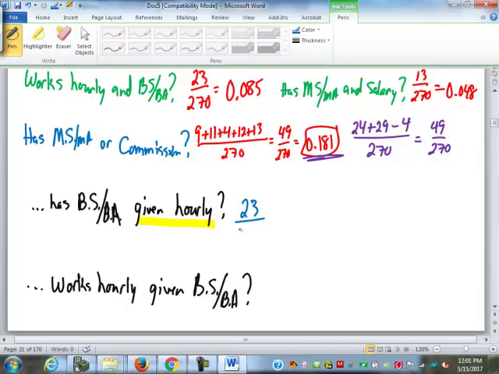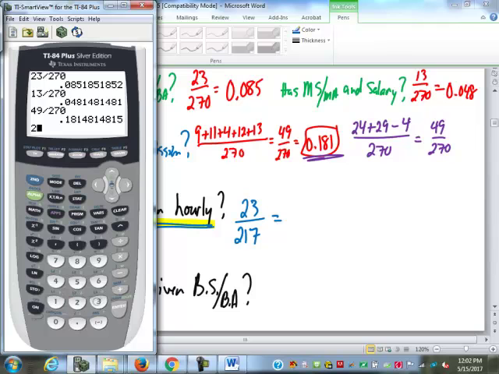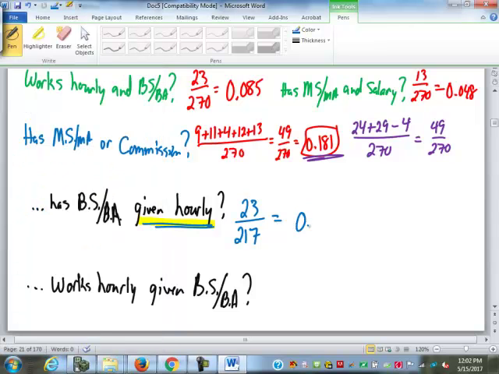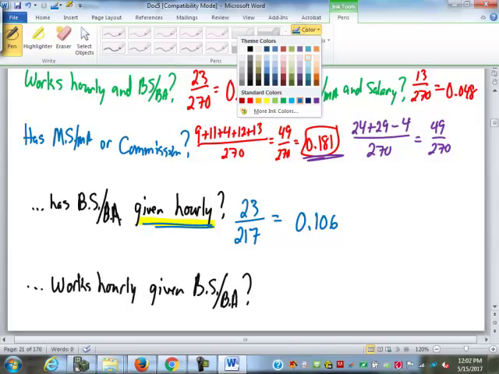So there's 23 with bachelor's degrees out of 217 that work hourly. The given means we're only focusing on those ones, the hourly employees. That gives us 0.106, or 10.6% if you want to do it as a percent.